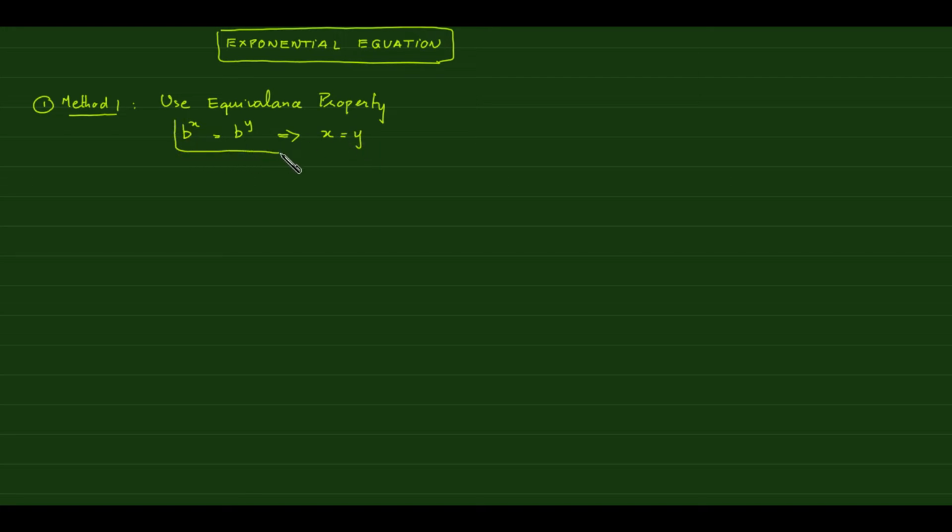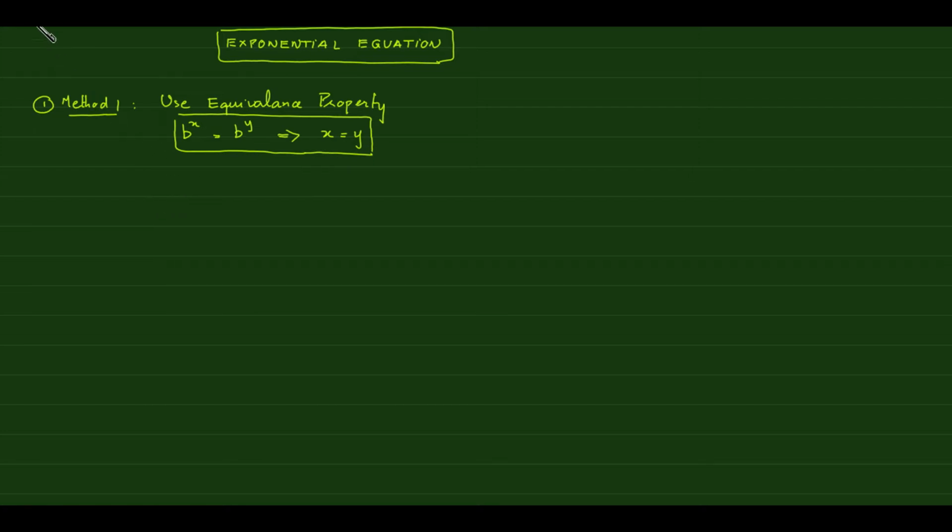So this is called the equivalence property. Literally, what it means is that if you have two exponential expressions and they have the same base, we can set the exponents equal to each other.